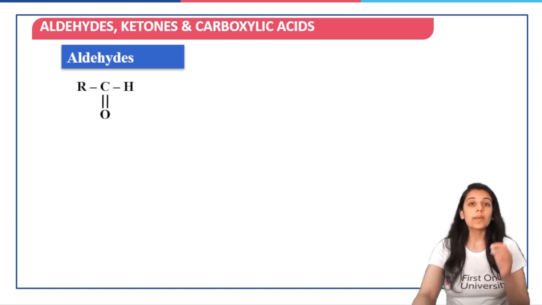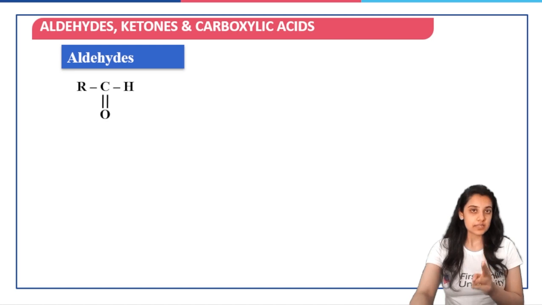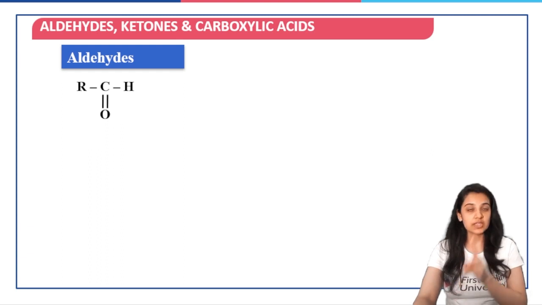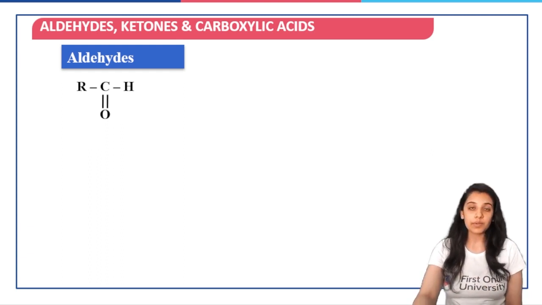First of all, we have our C double bond O. This is where aldehydes and ketones are going to differ from each other. In case of aldehydes, apart from the C double bond O group that is present, there will be one R group that would be H also. But there is going to be one H, that is one hydrogen, definitely attached to the carbonyl carbon.